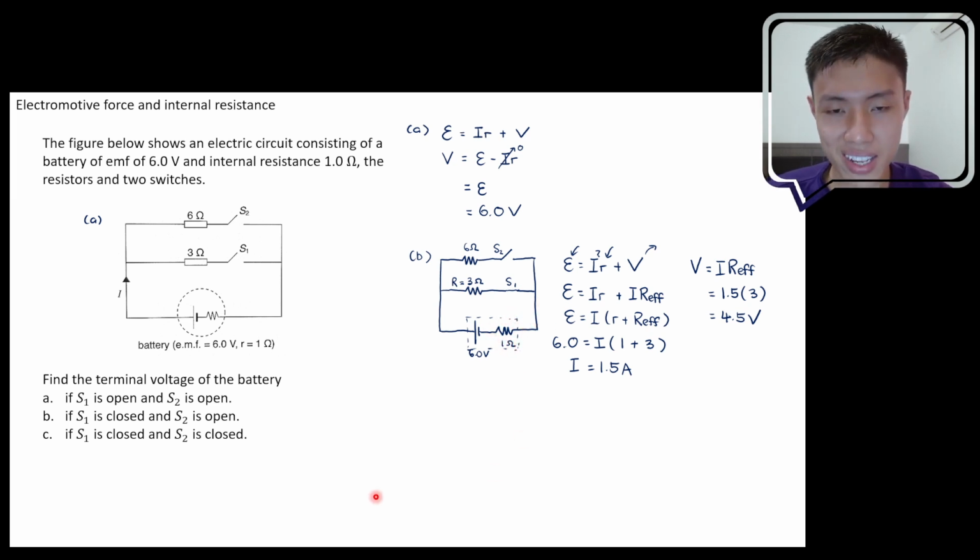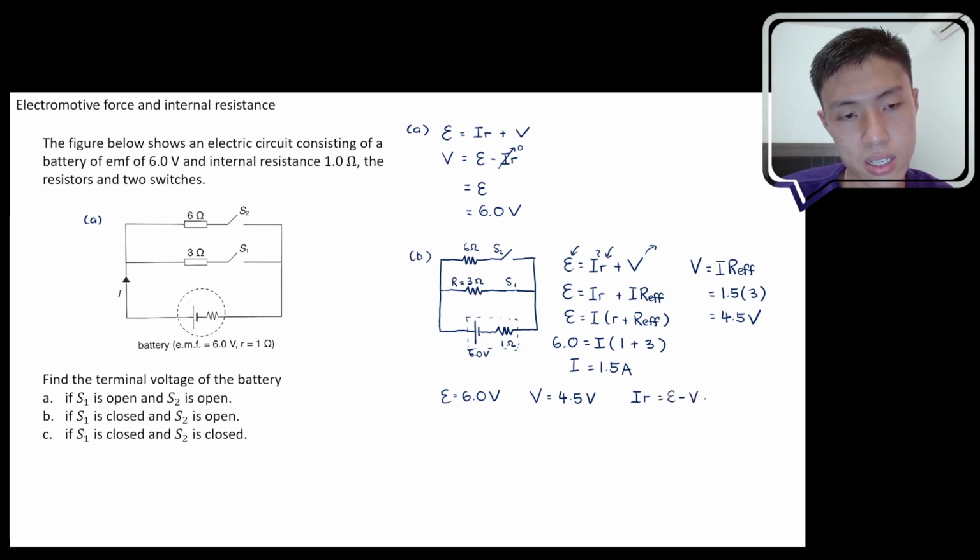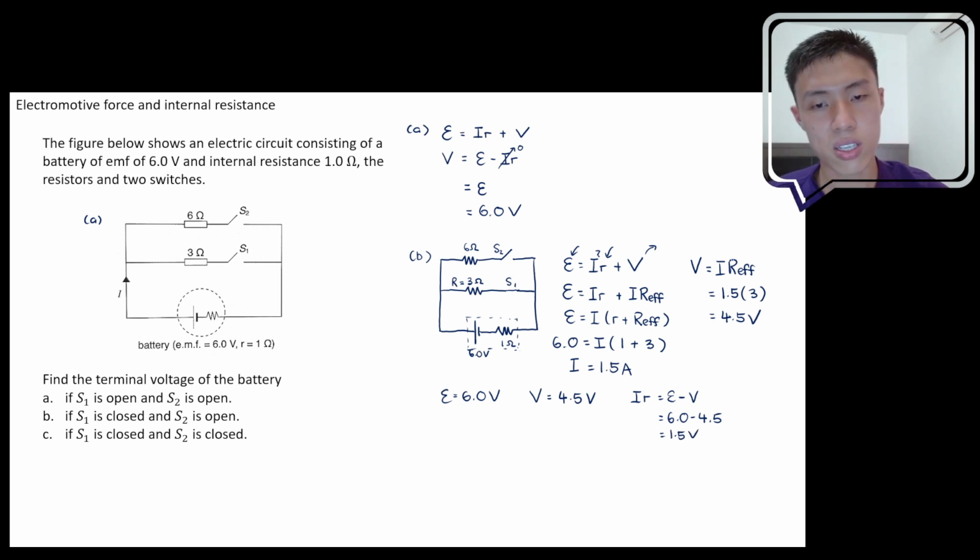Let me write it out. Okay, EMF is 6 volt, then your terminal voltage is 4.5 volt. Then you have your I small r here, which will be equal to EMF minus terminal voltage, that will be equal to 1.5.